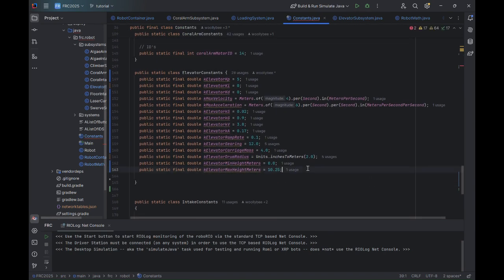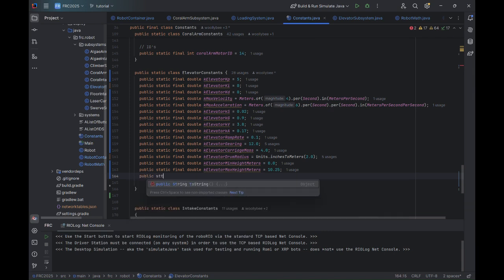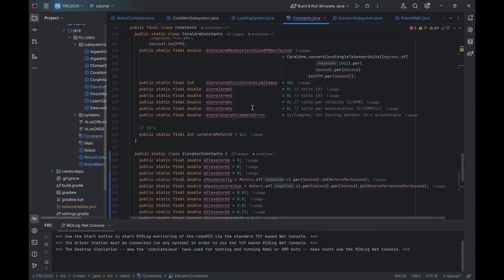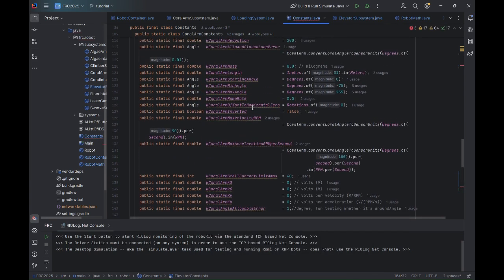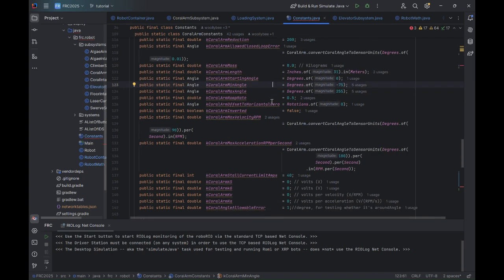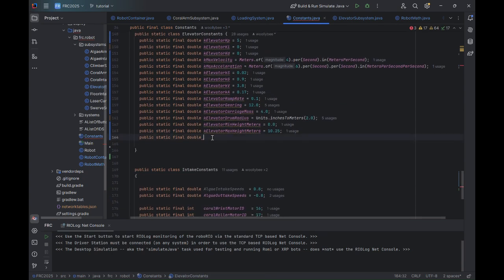So public static, so for the coral we're using a double, and we have 31 inches. So I'll just do similar things.